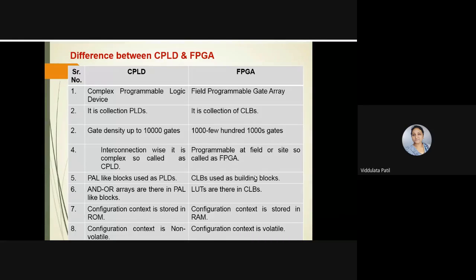So in a CPLD we have AND-OR arrays, while in an FPGA we have lookup tables. These are certain differences between CPLD and FPGA. The configuration context is non-volatile in a CPLD, while in an FPGA it is volatile. That is one great advantage of FPGA.